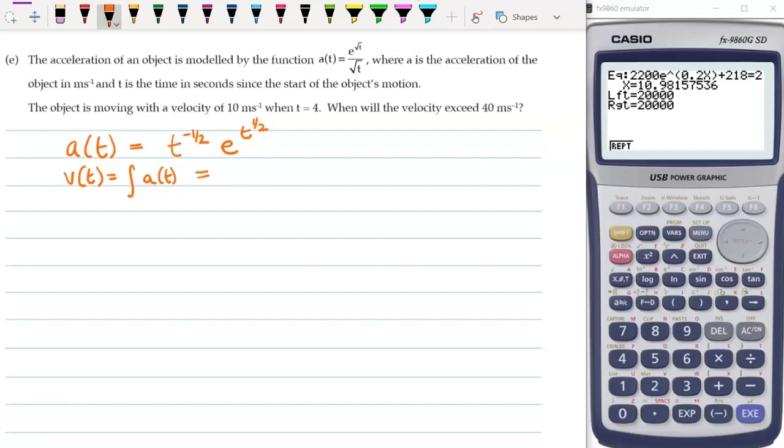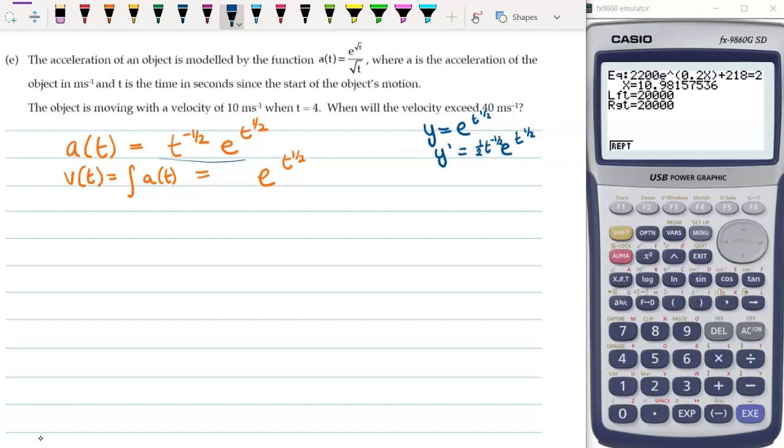So if we started with e to the t to the half and differentiated that, let's do it over at the side. So y equals e to the t to the half. If we were to differentiate that, e stays the same, but then we times by the derivative of what's inside of it. So we'd end up with a half t to the minus a half.